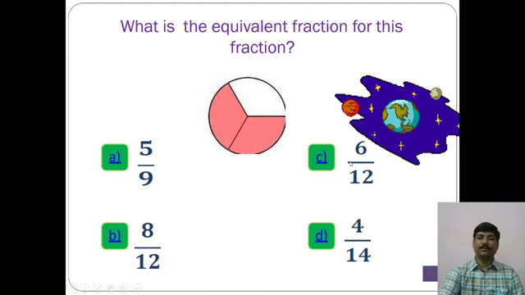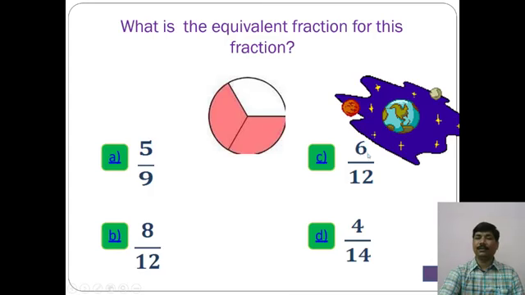The 2 upon 3, it means out of these fractions, how will we get 2 by 3? 5 and 9 are not divisible by any same number. Here this is divisible by 4. 4 twos are 8, 4 threes are 12. It means the new fraction will be 2 upon 3.